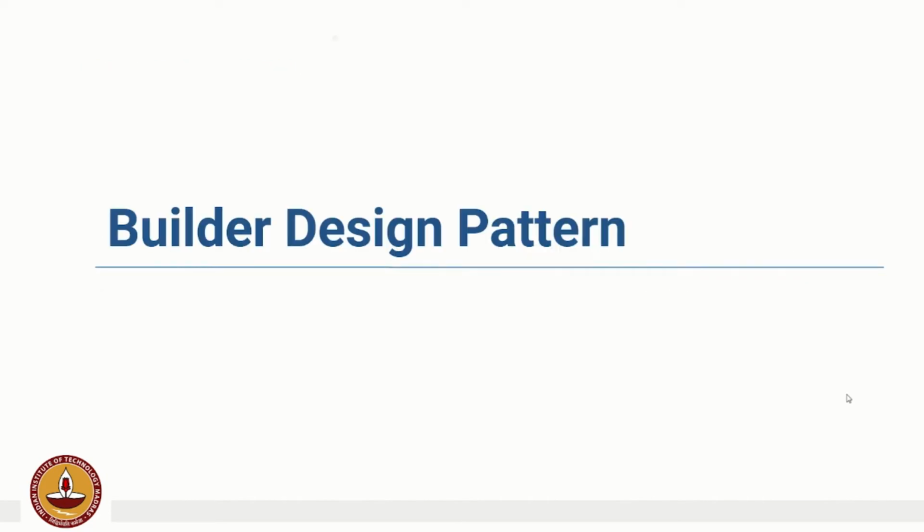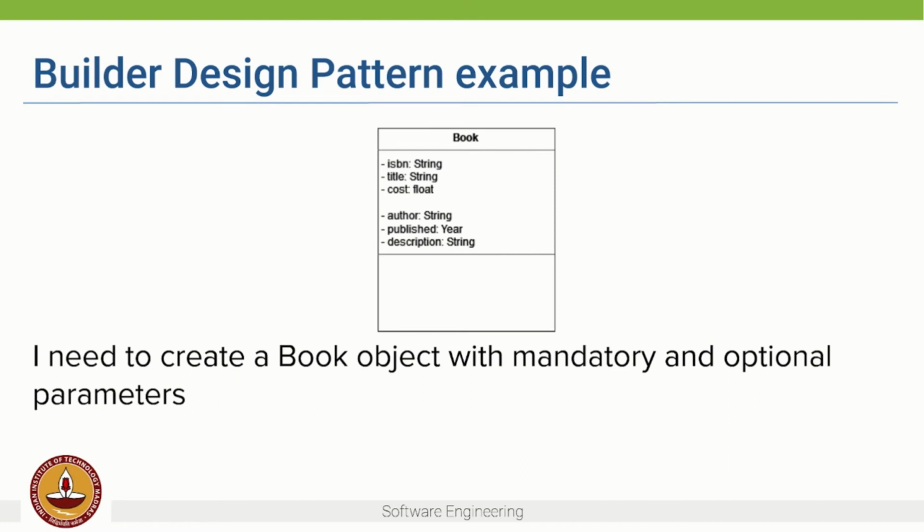Now let's look at another creational design pattern known as the builder design pattern. So let's take an example. Let's say I have a book class and I need to create a book object with some mandatory parameters and some other optional parameters.